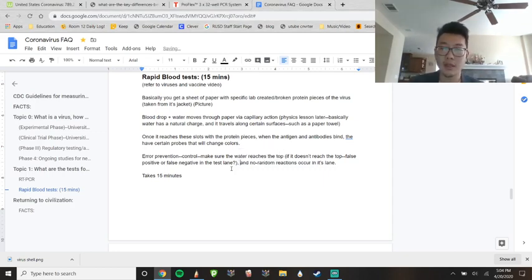But it's impossible for any properly made test to show a false negative. I'm not sure on the quality of some of these tests, but I do know that a quality-made test should be close to 100% accurate, hovering around 98%. And that's it.